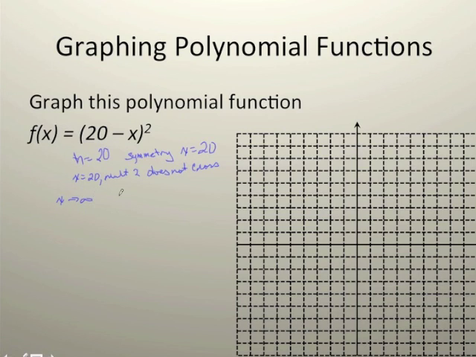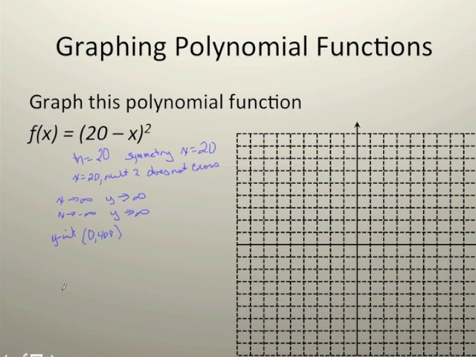As x goes to infinity, y is going to go to infinity, and as x goes to negative infinity, y will still go to infinity because we know this is a parabola, because it's a quadratic equation. The y-intercept, where x is 0, would be 0, 400.